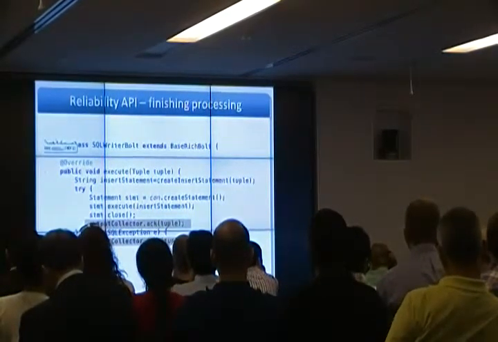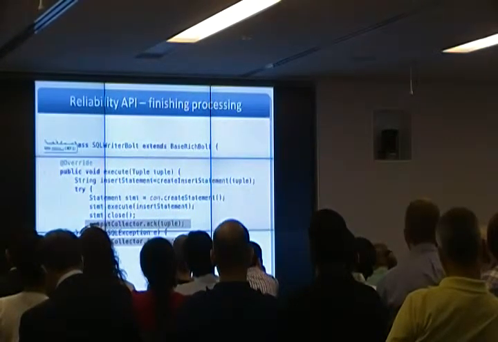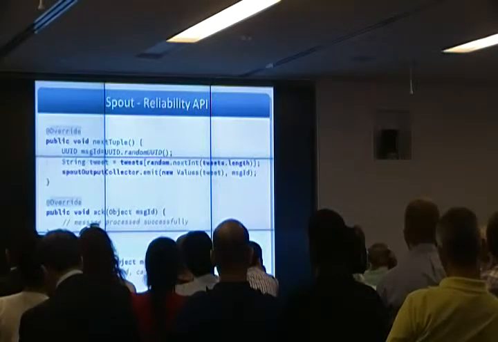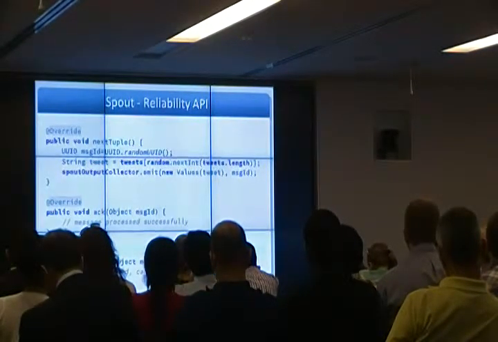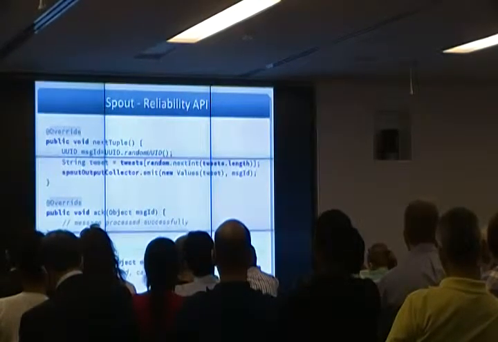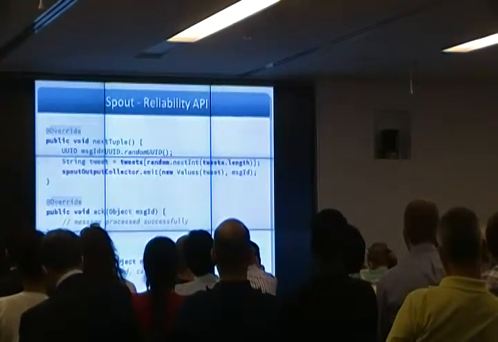So what happens is, this ACK or fail method will go all the way back to the Spout. And the Spout has ACK and fail methods accordingly. So you can replay your tuples, your message.